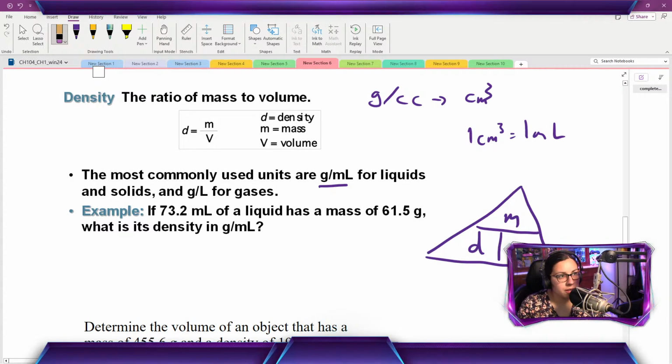So for this problem, we have 73.2 milliliters that has a mass of 61.5. What's the density? If you cover density, you're left with mass over volume. So mass divided by volume, which is admittedly what we just said, but this will be useful. So let's do that.